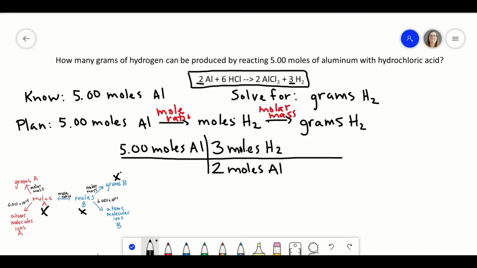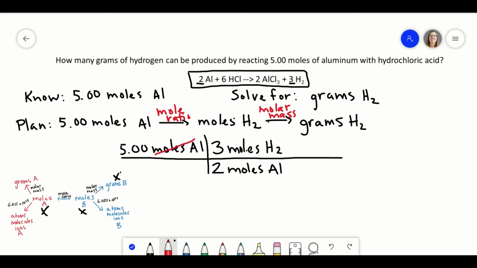When we set up our problem like this, if there's a unit in the top or the numerator, and it's followed by a conversion factor where that same unit is in the bottom or the denominator, those units cancel.